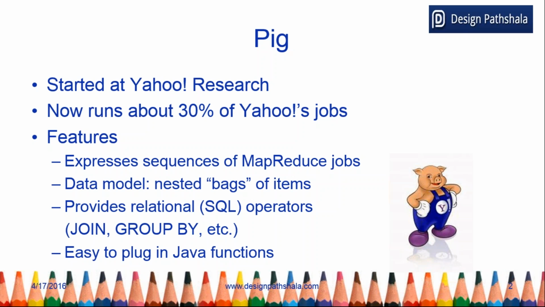So there are advantages and disadvantages to everything, but Pig came up from Yahoo, similar to how Hive came up from Facebook, and most of the Yahoo jobs run on Pig. It gives you similar interfaces like Hive, although it's a little bit more powerful as compared to Hive in terms of unstructured data.